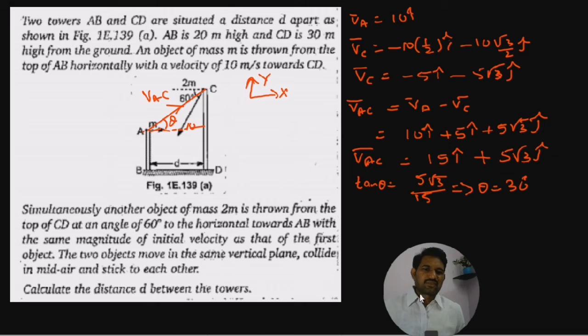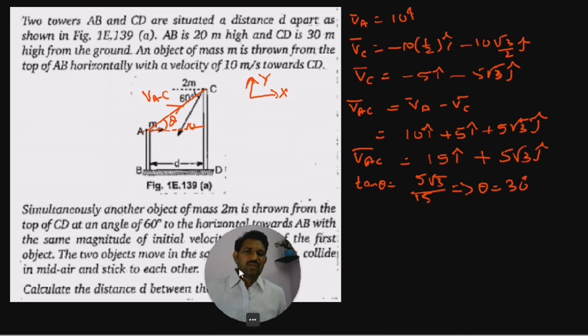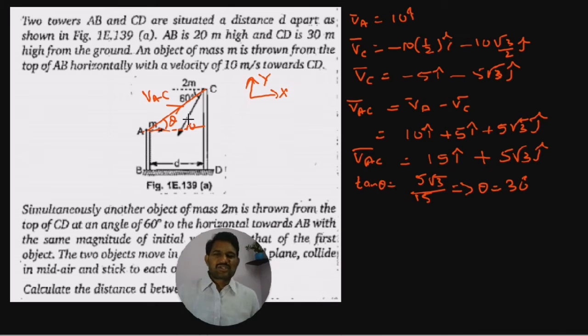Now our aim is to find the distance between these two towers. This is 20 meters and this is 30 meters total height, so this difference we can write as 10 meters. Suppose I take this point as some P, then ACE is a right angle triangle.